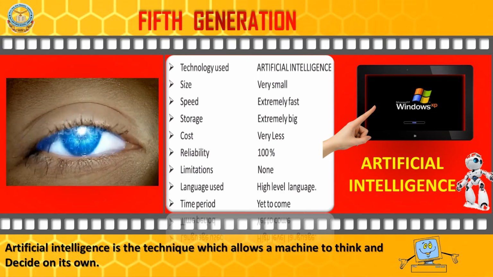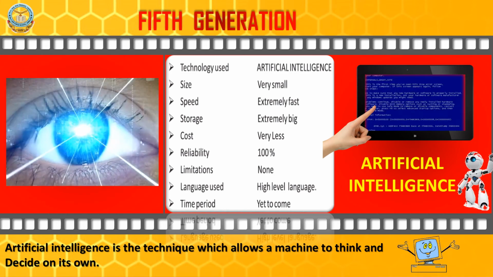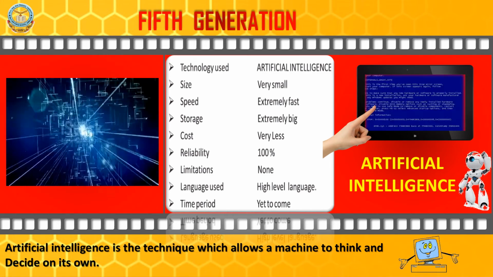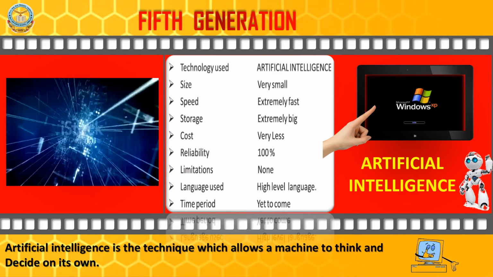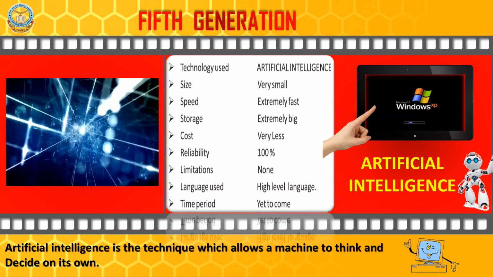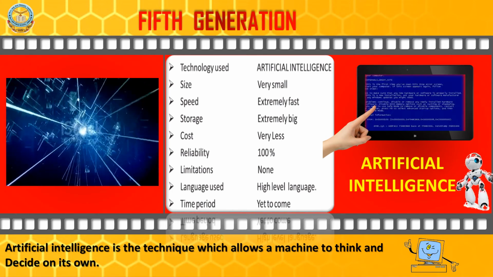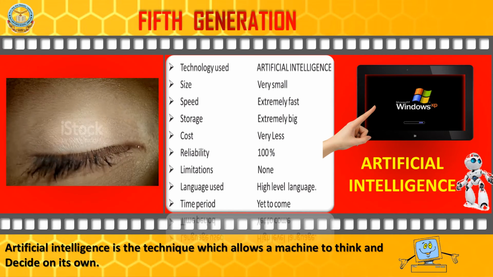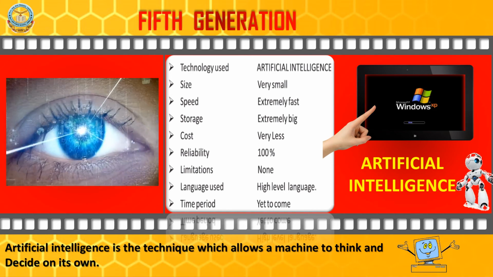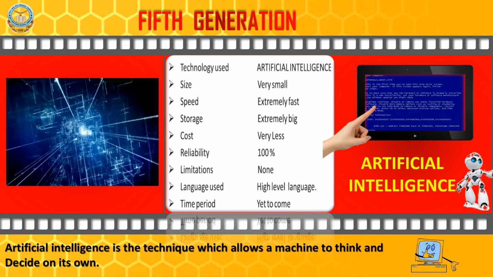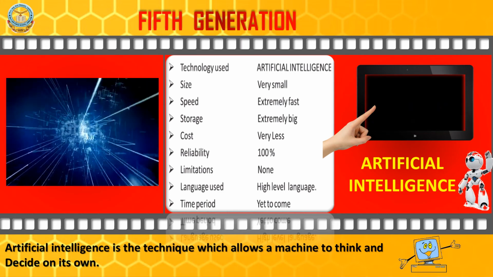The main goals of this generation are to develop computers which would have the following features: artificial intelligence, able to recognize voice, able to recognize images and graphs, able to solve highly complex problems including decision making and logical reasoning, and use more than one CPU for faster processing speeds. Examples of this generation are robots, quantum computers, nanocomputers.